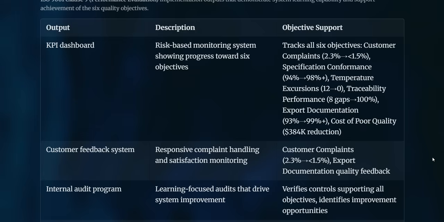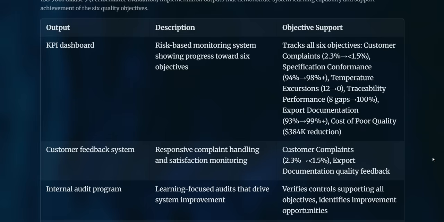The KPI dashboard should be tracking all 6 objectives: customer complaints reduction, specification conformance improvement, temperature excursion elimination, traceability performance improvement, export documentation accuracy rate improvement, and cost of poor quality reduction.